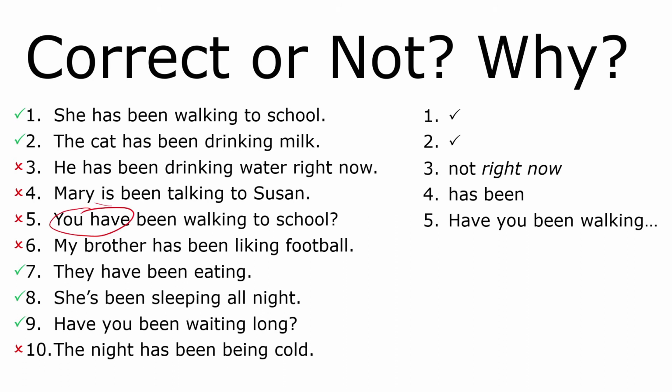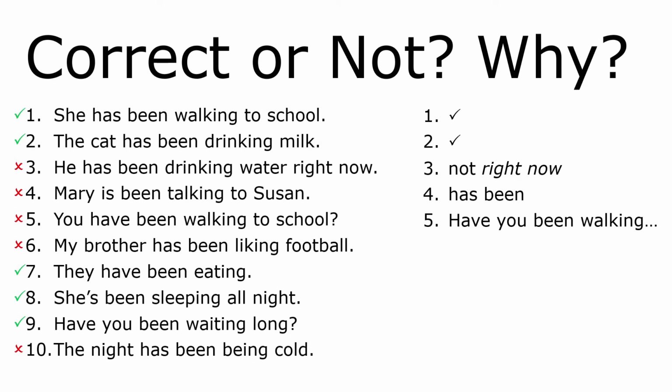Instead of you have, we have to go backwards and say have you. Now the problem here is that this is unusual, but it's actually not incorrect. But it's also not the best way to do it. So I'm not saying it's okay, it's not. Don't do this. Invert, in other words, switch your subject and your verb.